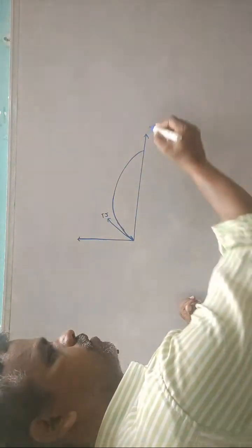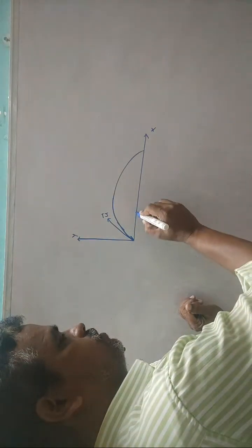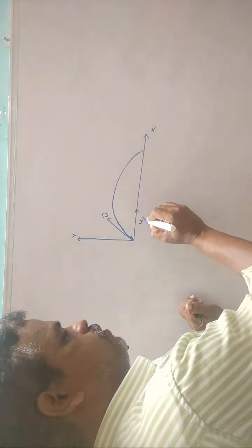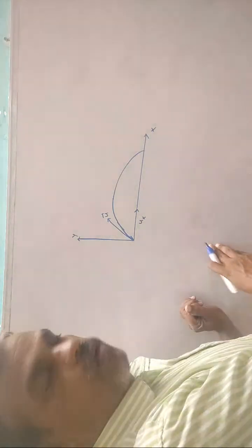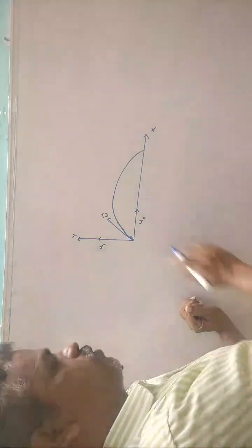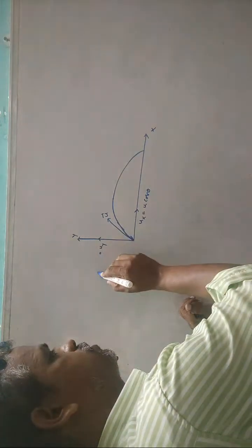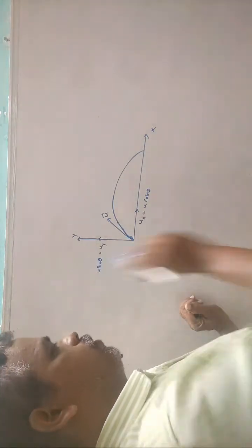So this vector has a horizontal component on the x-axis, ux, and next, along the y-axis, the uy component. ux is nothing but u cos theta, uy is nothing but u sin theta.